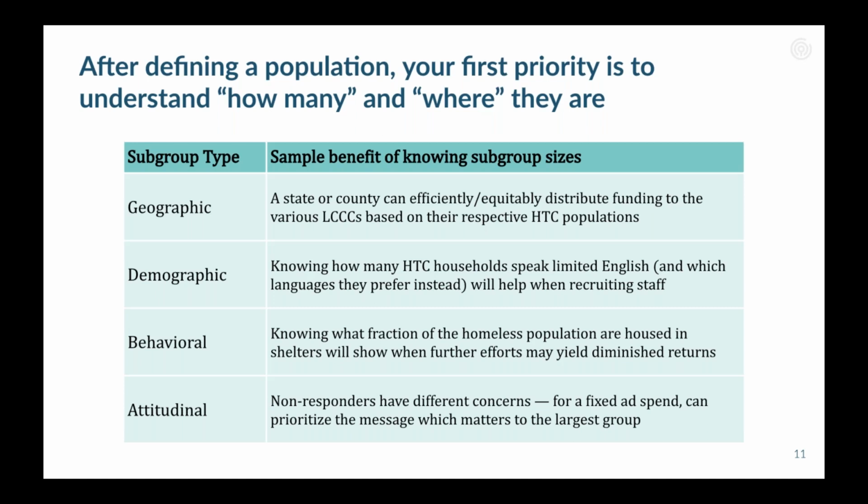If your subgroups are demographic in nature, there's still a lot of benefit to knowing the sizes of the different subgroups. Civis is, for example, interested in Harris County, Texas, where Houston's located. And in Harris County, there are both Vietnamese-speaking and Chinese-speaking populations.